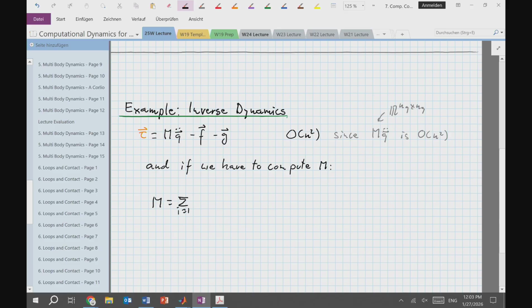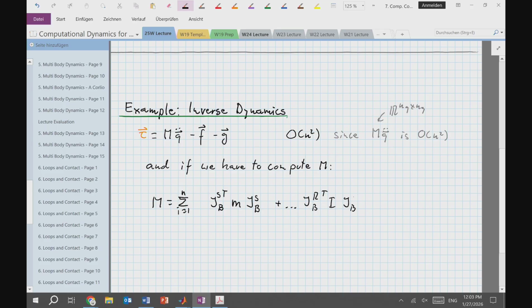And remember, when we use our projected Newton-Euler equations, we say the mass matrix is the sum over all bodies, where we have a Jacobian transposed, and this would be the translational Jacobian transposed times mass times Jacobian. And then there's going to be a similar expression for rotational Jacobians, with inertia.